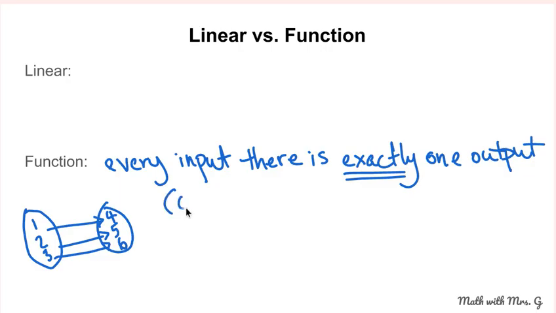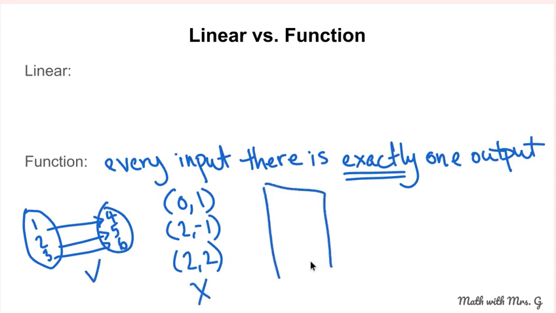We could be looking at a set of coordinate points and we could say, is this a function? And we'd say this one, no, it's not, because we're looking at these x values and there's a 2 here and a 2 here, and I have different outputs for them, okay? So like this is a function, this isn't a function. We should be able to look at a table, okay, and be able to do the same thing that we were doing with these ordered pairs.